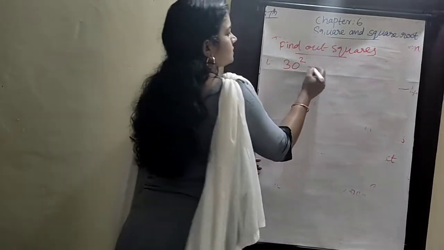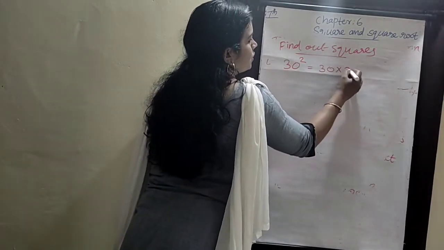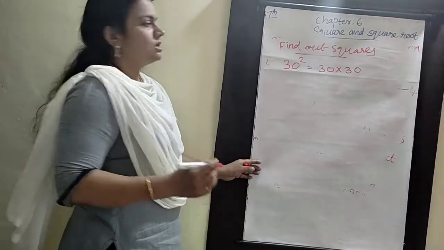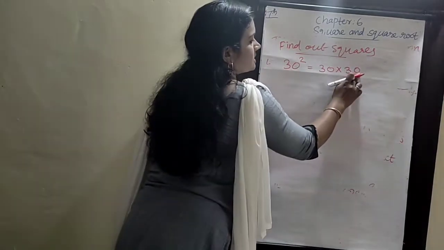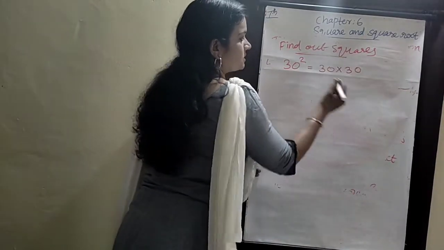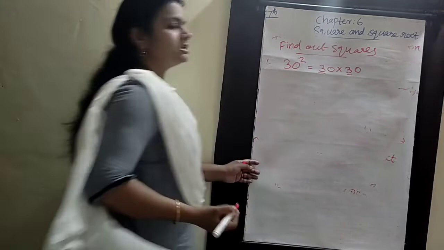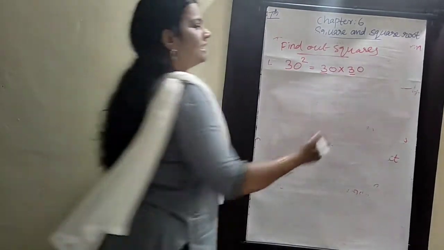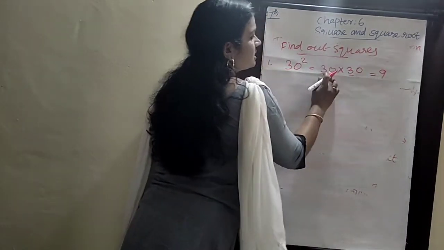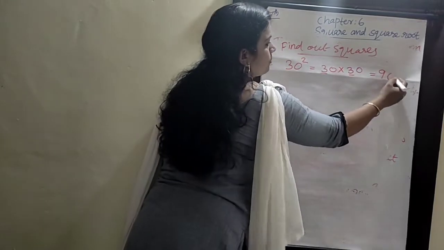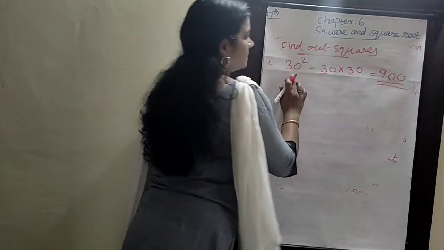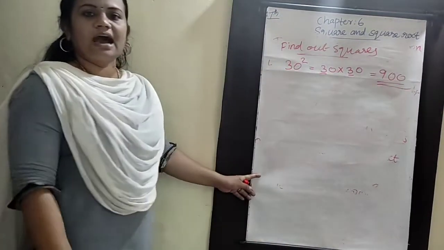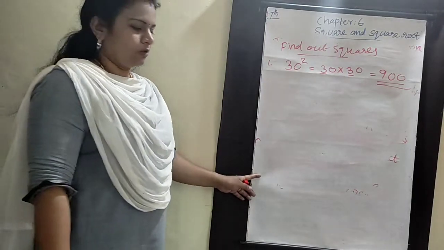How to write 30 square? 30 into 30. So there are 2 zeros here. Keep the zeros aside and multiply the numbers only. 3 threes are 9. How many zeros are here? 2 zeros. Put 2 zeros. We got 30 square is equal to 900. Understood how to write it?